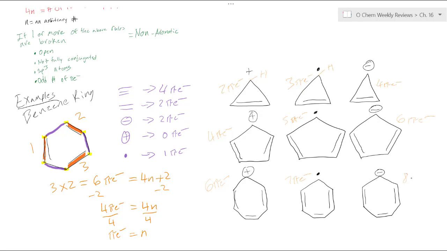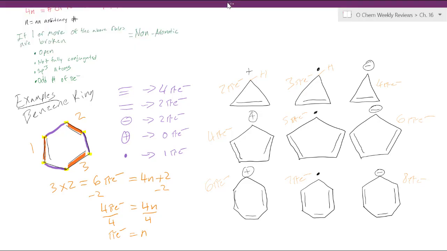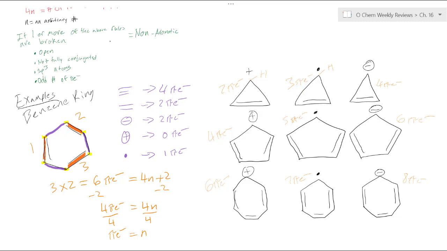Okay, now let's assign if it's aromatic or anti-aromatic or non-aromatic in purple. So 2 is going to be aromatic, 3 is going to be non. In fact, we can assign all of the middle column as non because they are all odd pi electrons. Now 4 pi will fit our 4n Huckel's rule.